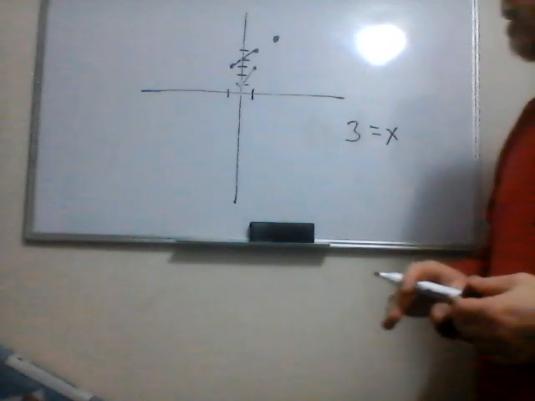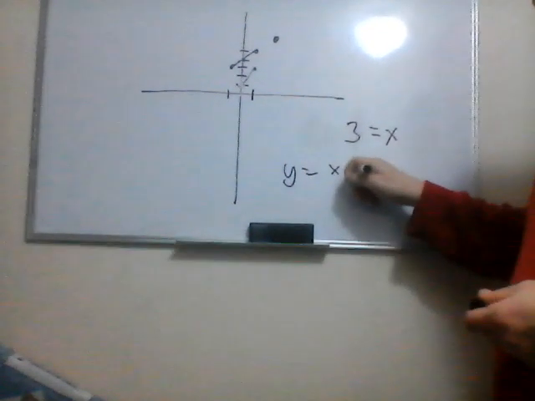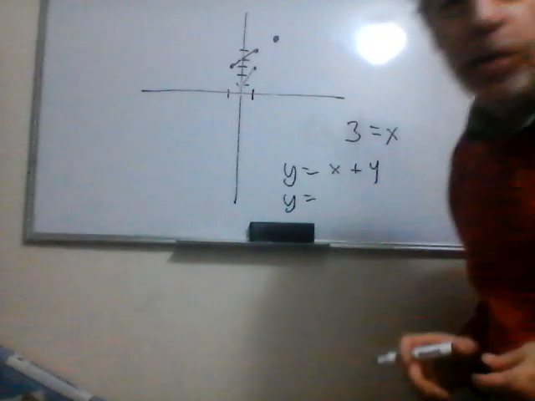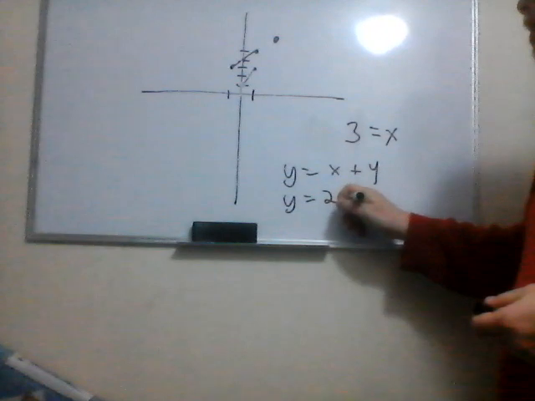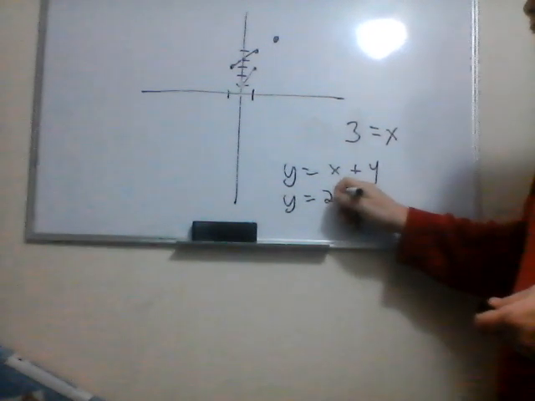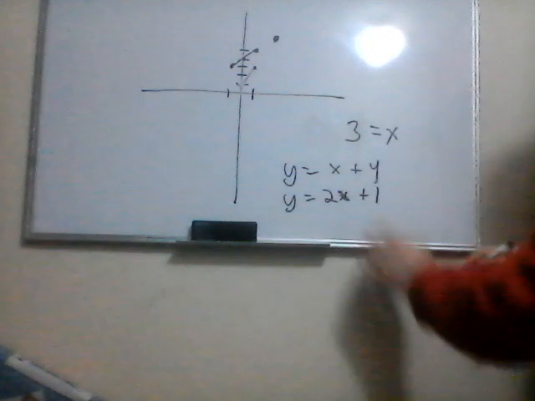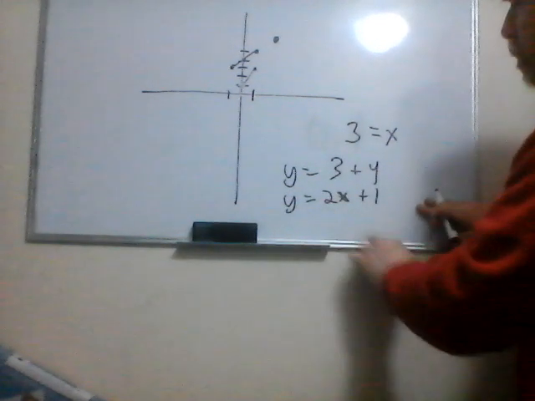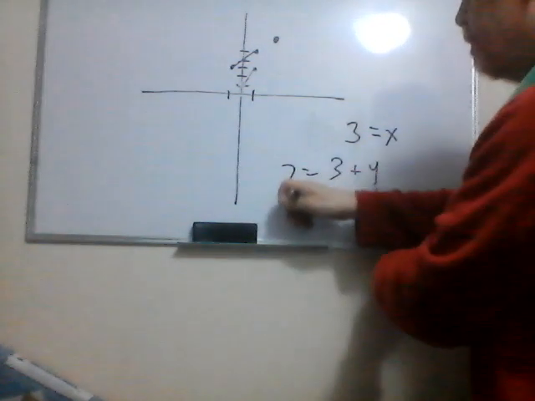And we could plug it back in. y = x + 4, and y = 2x + 1. I'm going to show you both just to show you that it actually works. If I take this 3 and plug it in here, and take this 3 and plug it in here, it's going to become 7 in both cases.